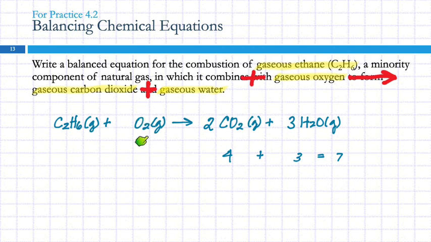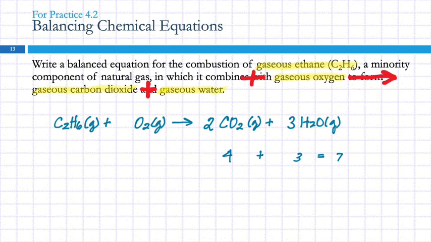So these oxygens are coming in pairs, and this is an odd number. I call this the odd-even problem. If this was an even number like 8, it'd be easy, but it's not. We can change an odd number into an even number by multiplying by 2.